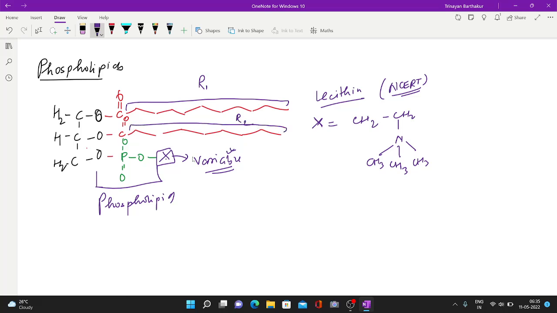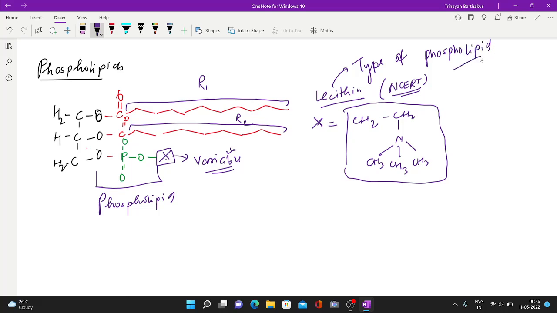And in this particular variable, instead of X, just place this molecule. Then the phospholipid becomes lecithin. Lecithin is a type of phospholipid. Clear? So these are phospholipids.